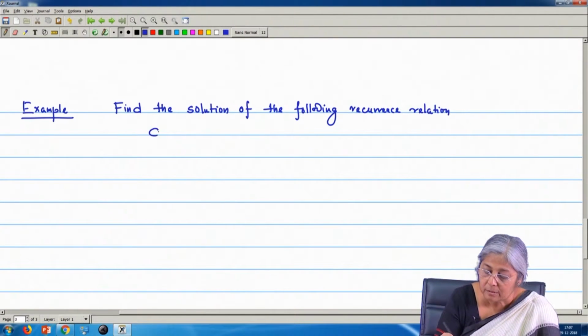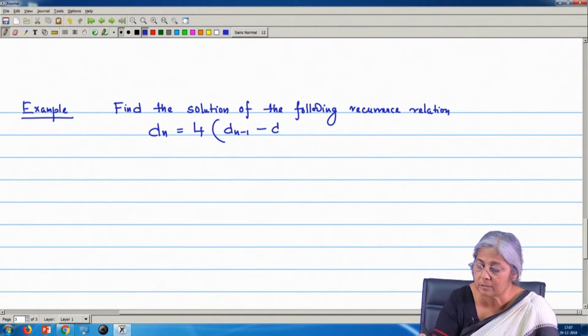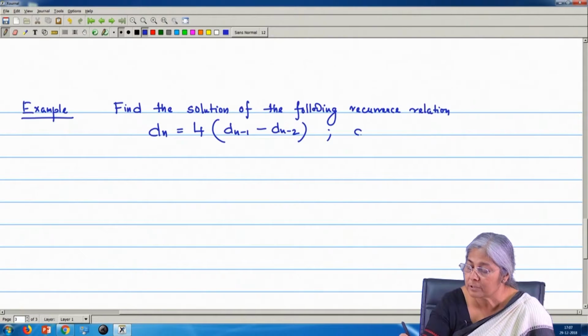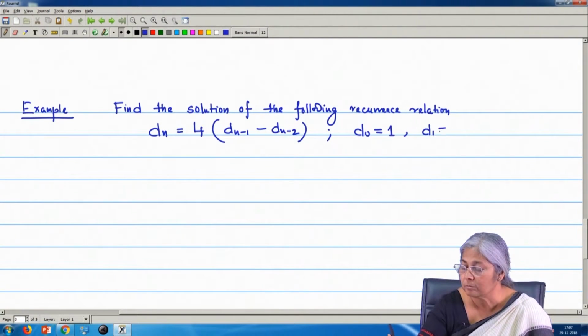The relation is d n equal to 4 into d n minus 1 minus 4 d n minus 2, with coefficients given d 0 equal to 1 and d 1 equal to 1.